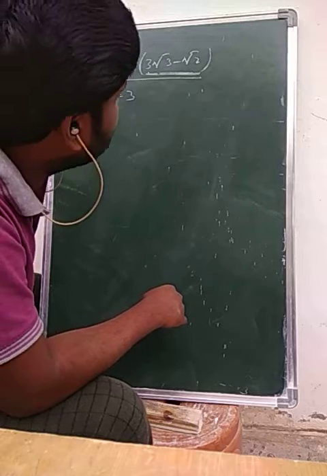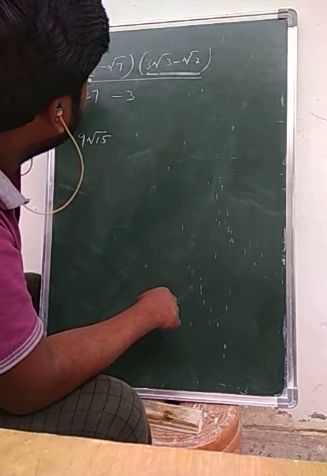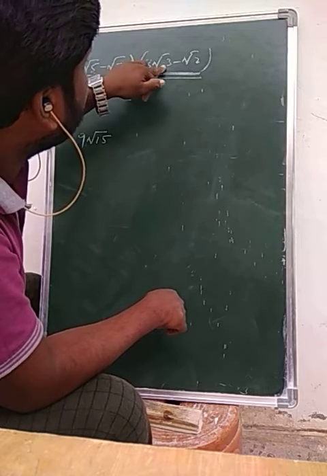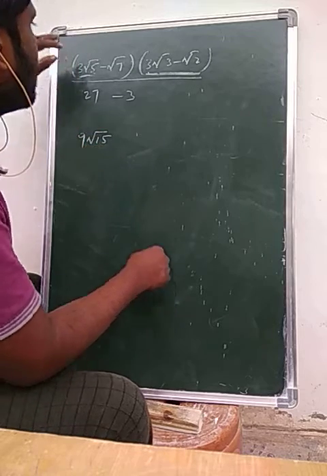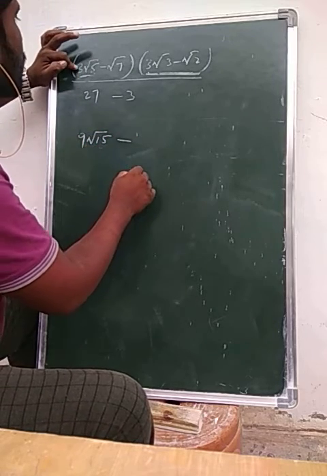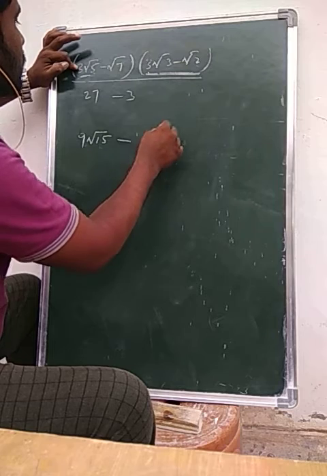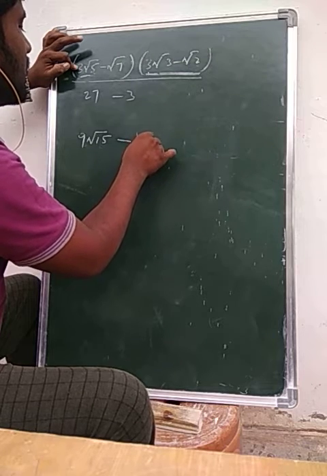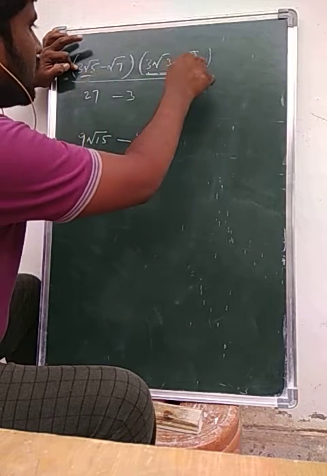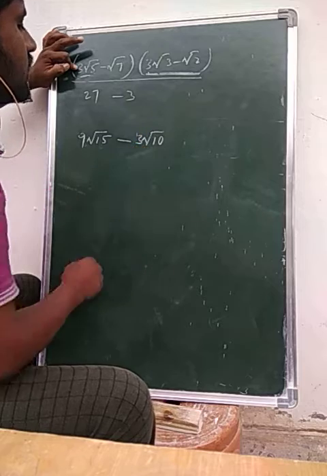Then minus 3 root 5 into root 2, that is 3 root 10.